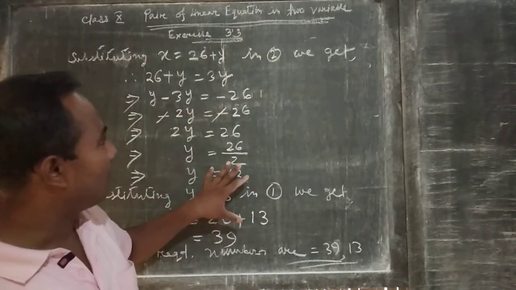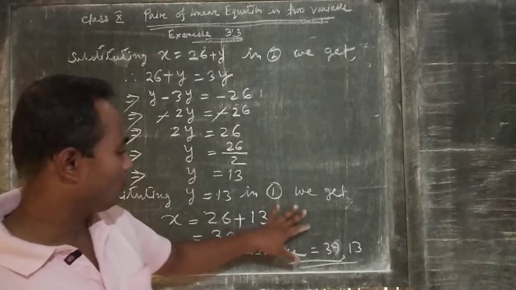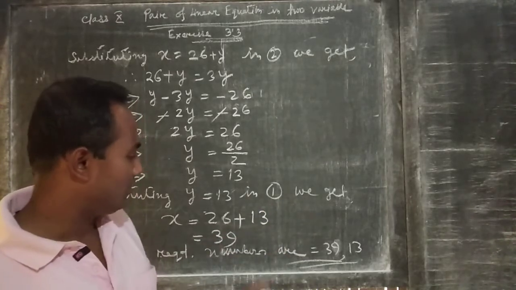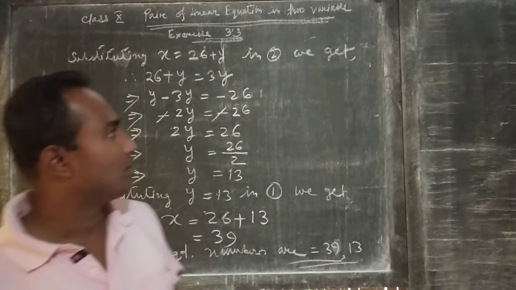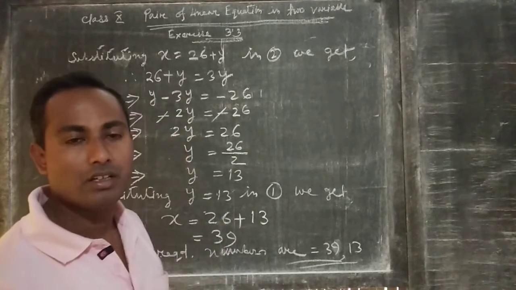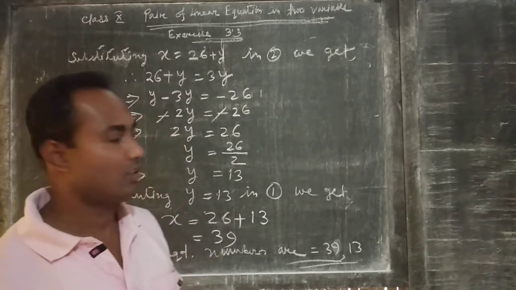So by this substitution method, we have got the two numbers. Okay, we need to find the values like this process. I think you understood, and you practice it. Okay, thank you.